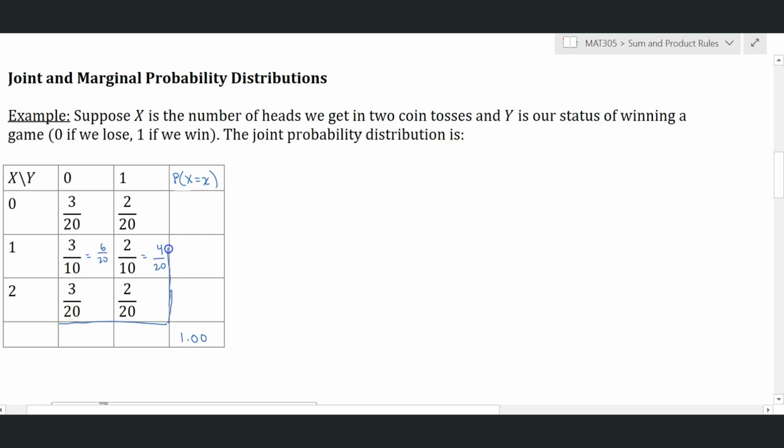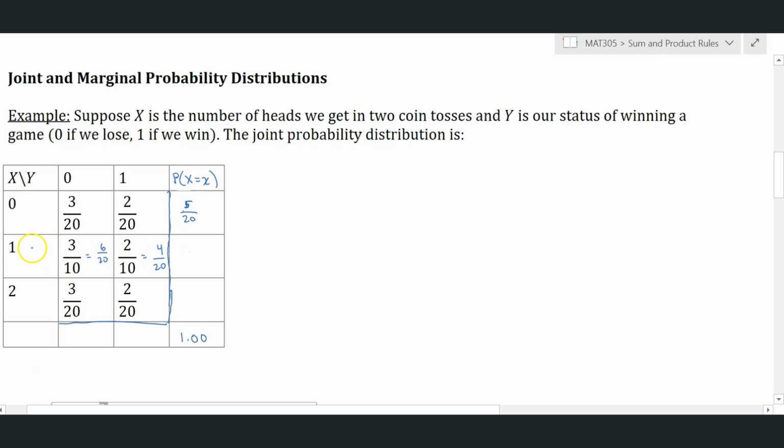And like I said, we want to know the probability that X takes on a certain value. Well, the percentage of all that 100% where X takes on the value 0 is 5/20ths. I'm not going to reduce this just because I want to illustrate a point here, but there's a 5/20th chance that X is equal to 0. 3 of those happen when Y is 0, and 2 of those happen when Y is 1.